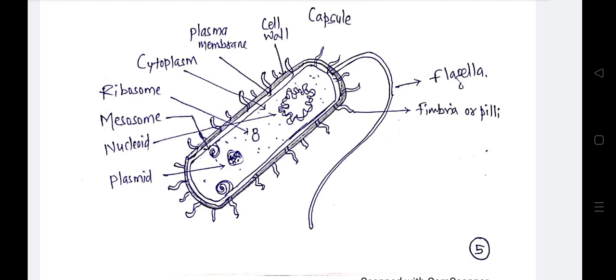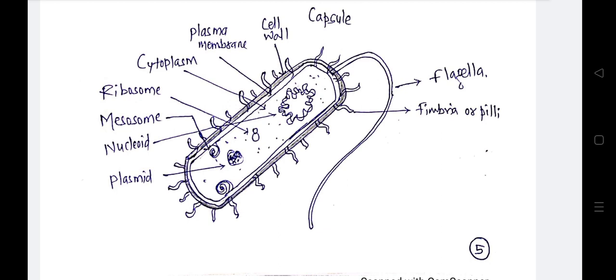Then a very important part is the nucleus. The nucleus is primitive. It does not have a nuclear membrane, nuclear pore complex, nucleoplasm, or nucleoli. It is a very primitive, not advanced nucleus, and it is called a nucleoid.